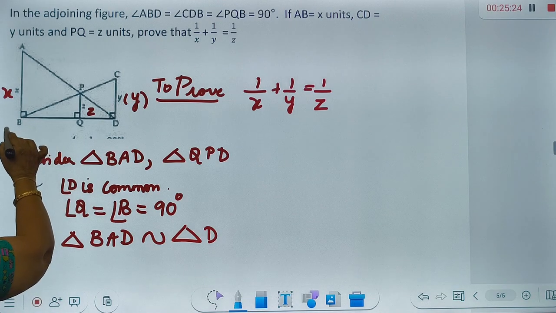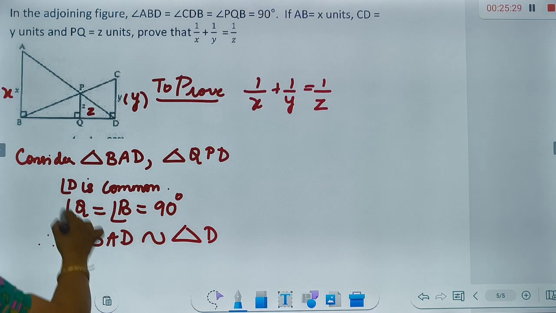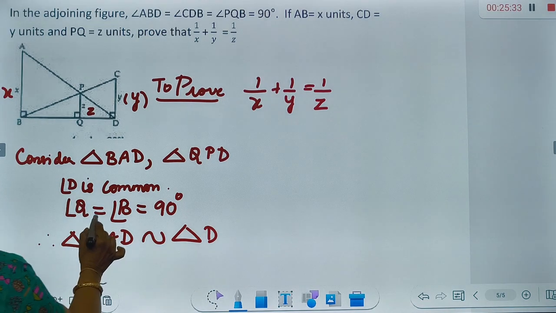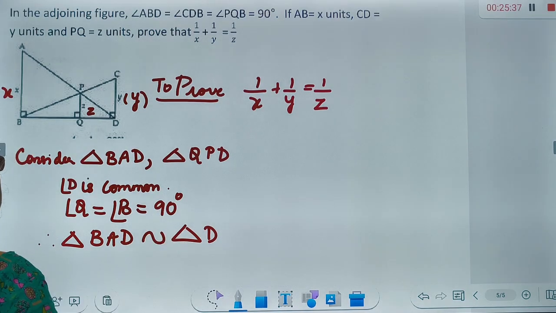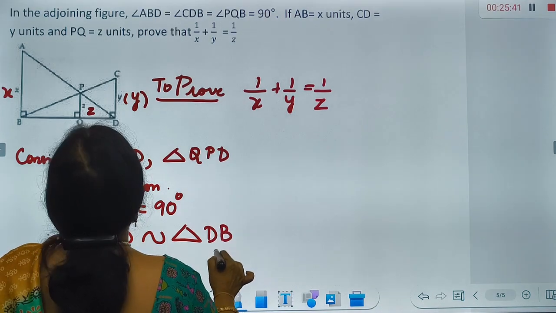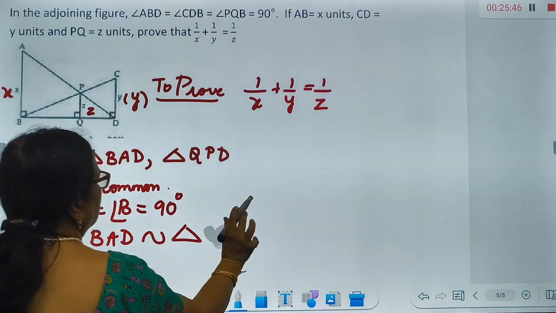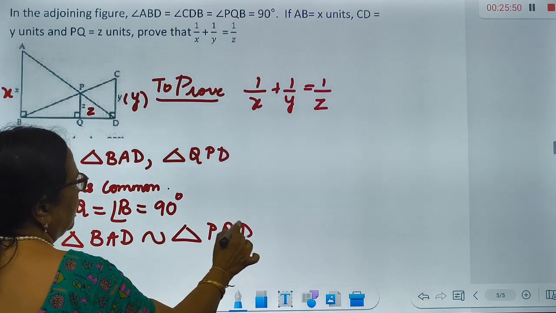Triangle BAD is similar to triangle, B corresponds to D, and Q corresponds to B. So I have DB, sorry, this triangle PQD. Let me first write it as triangle PQD.